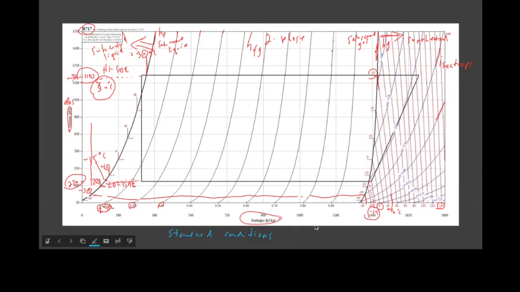But for comparison's sake, when we want to compare one refrigeration plant to another in terms of its net refrigerating effect, in terms of its coefficient of performance and things like that, we need to pretend that all of these plants are operating under the same conditions. And so then we ascribe these standard conditions as being plus 30 condenser and minus 15 for the evaporator.